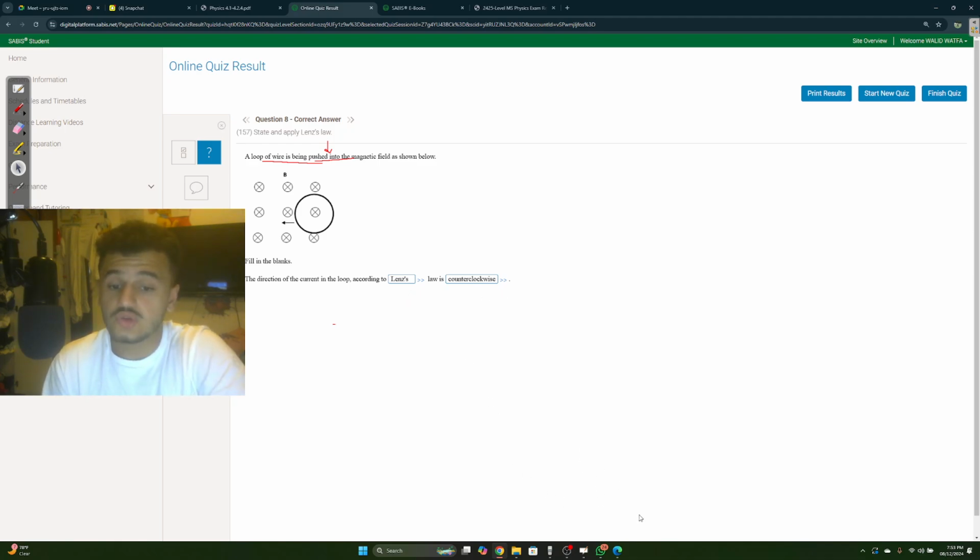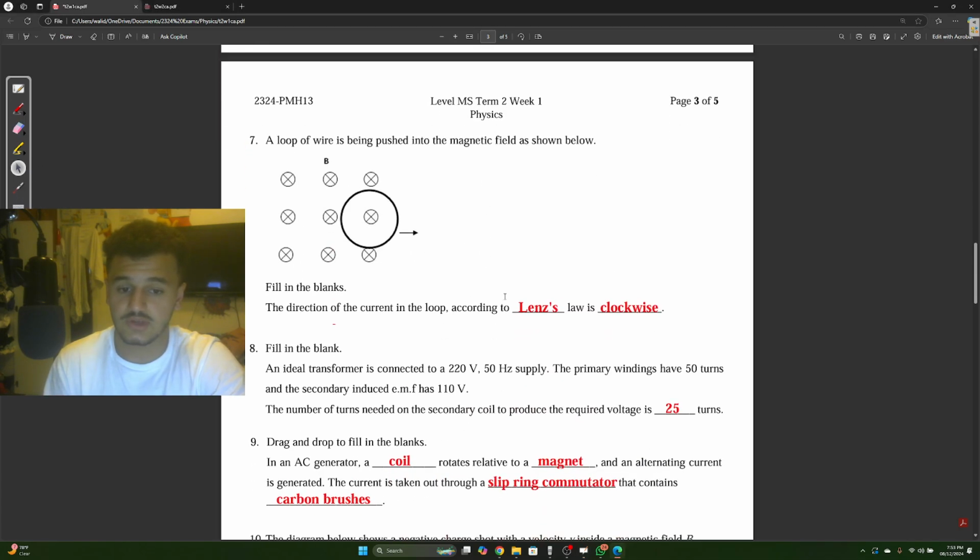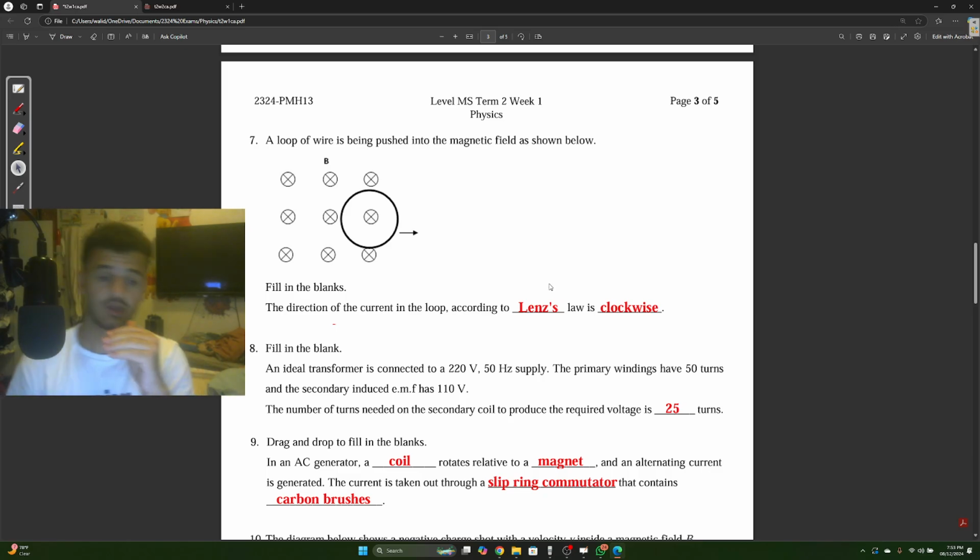To find the direction of any induced current, you always use Lenz's law. How it came in the sample question sheet is like this. The direction of the current here, according to Lenz's law, is clockwise. Here they're pushing it in, so the force is going to be out, right? Now the magnetic field is to the right, so curl your fingers to the right. What direction is that? Clockwise.